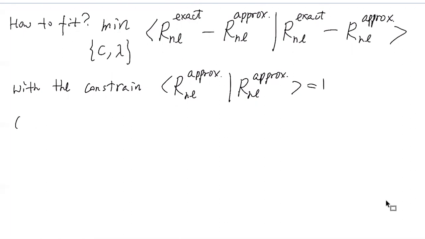You should use a Lagrangian multiplier, right? All right. So I will not talk about the details of this fit because it involves the actual computer algorithm. But you know at least the big picture about how to do this fit.